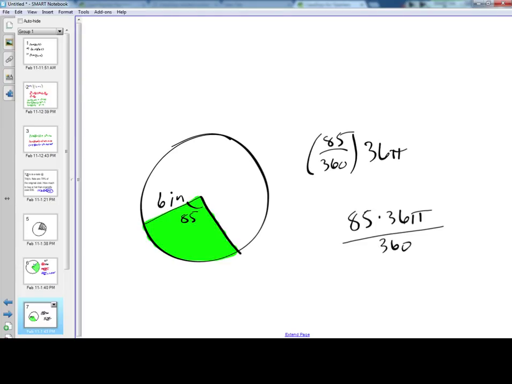Looks like 36 goes into 360, doesn't it? Yes. So this becomes 85 pi over 10. So this would be 8.5 pi. Something like that. That doesn't look like a 5 at all. There we go. I was checking because I accidentally put pi, so it was like this big one, but they're the same. Cool beans.